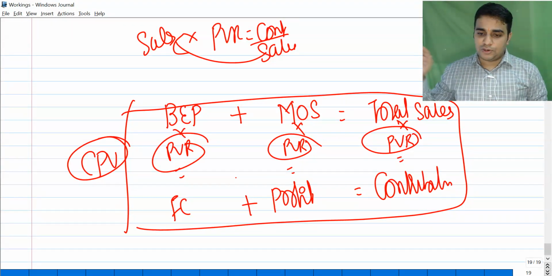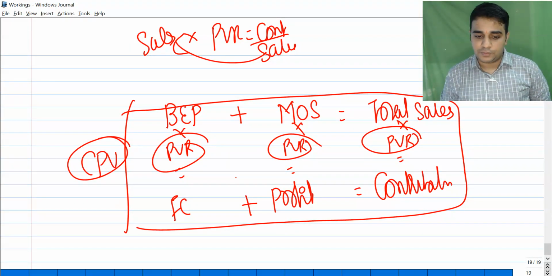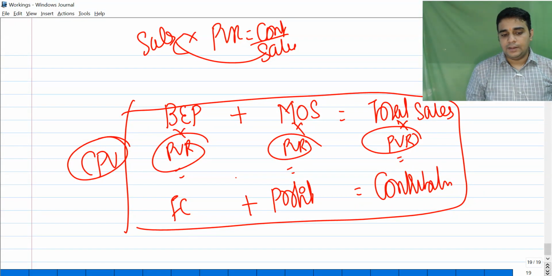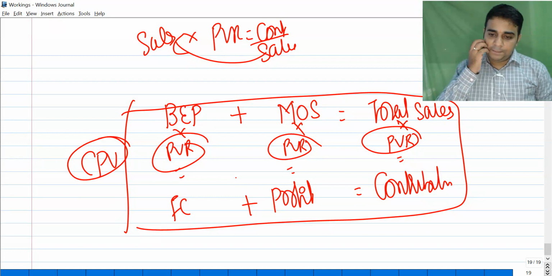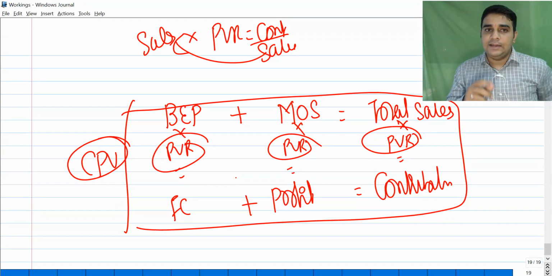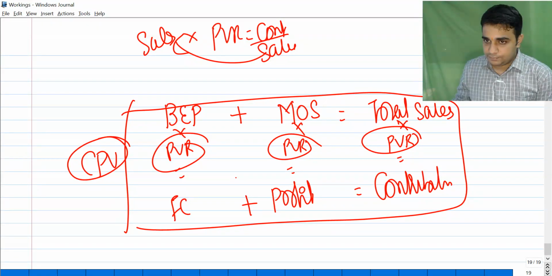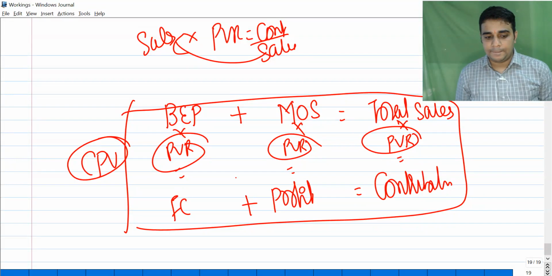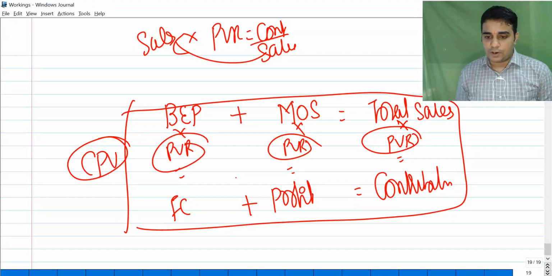BEP plus MOS is equal to total sales; into PVR, total sales equals contribution; BEP plus MOS is total sales into PVR equal to fixed cost, profit and contribution.